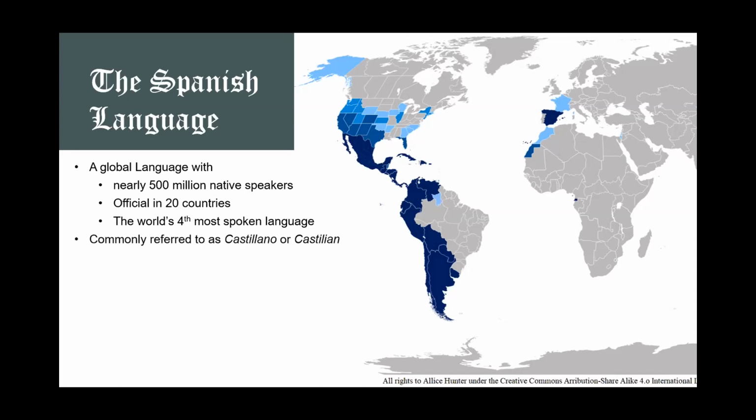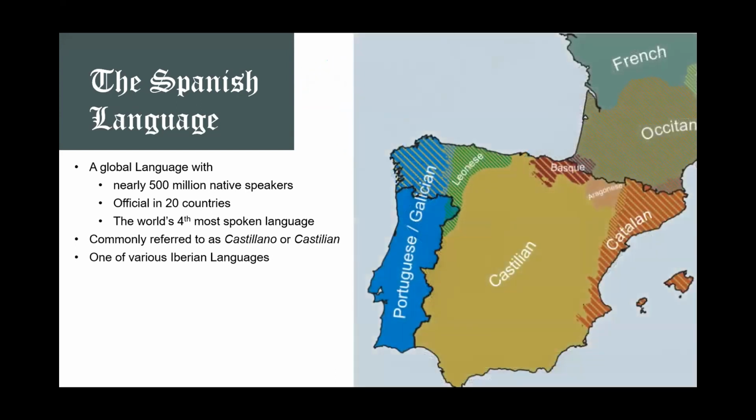However, while in English we know it as Spanish, it is more commonly referred to as Castellano or Castilian. The reason is that it is only one of a variety of Iberian languages, Iberia being the peninsula where Spain and Portugal reside. If we look at the map, here is the Iberian Peninsula and the various languages that exist on the peninsula.